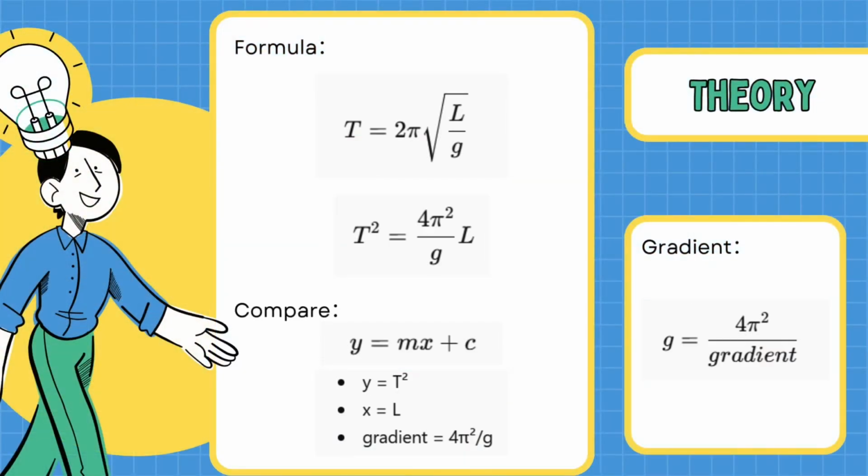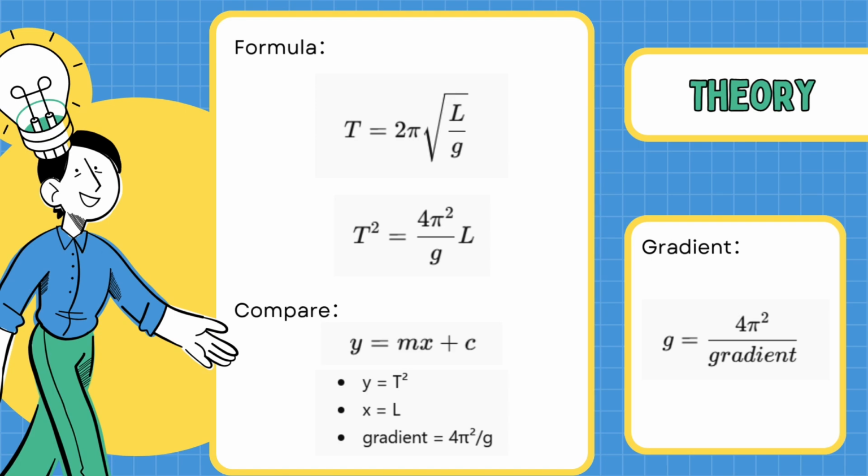The period of a simple pendulum is given by this equation: T equals 2 times pi times square root of L over g. By squaring both sides, we obtain T squared equals 4 times pi squared times L over g. This equation has the same form as the straight line equation, so we can compare it with y equals mx plus c, where y represents T squared, x represents L, and the gradient is 4 times pi squared over g.